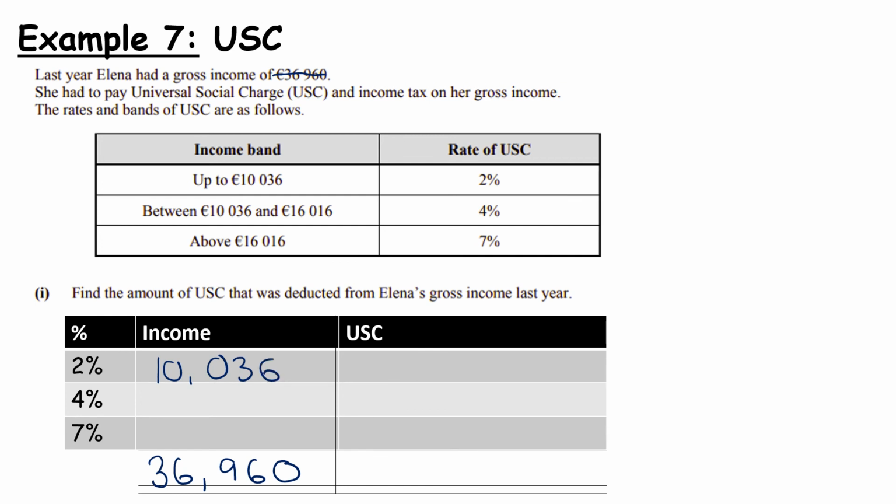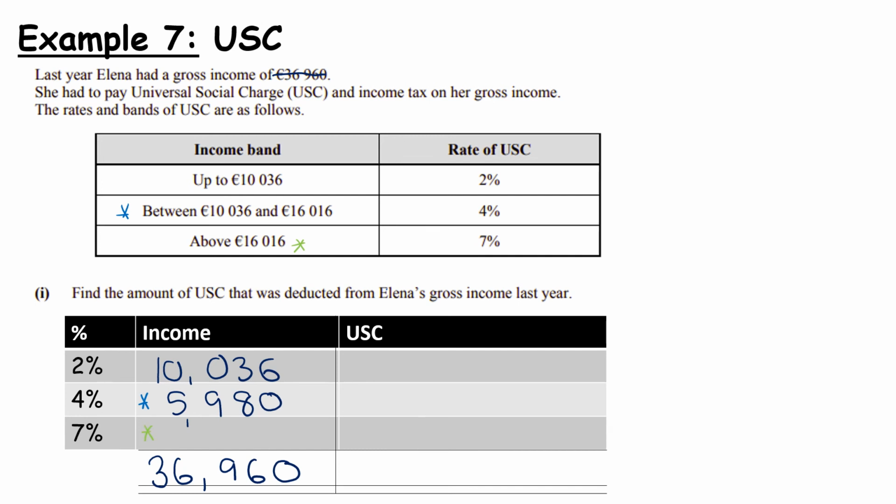The next piece is between 10,036 and 16,016. So we're going to do 16,016, take away 10,036, and that leaves us with 5,980.